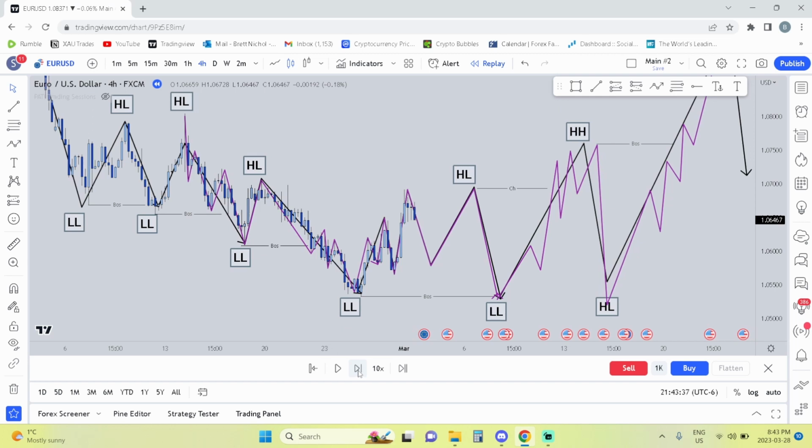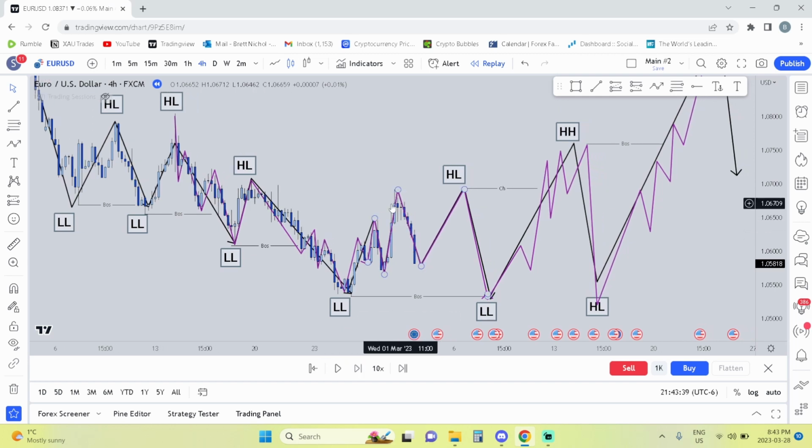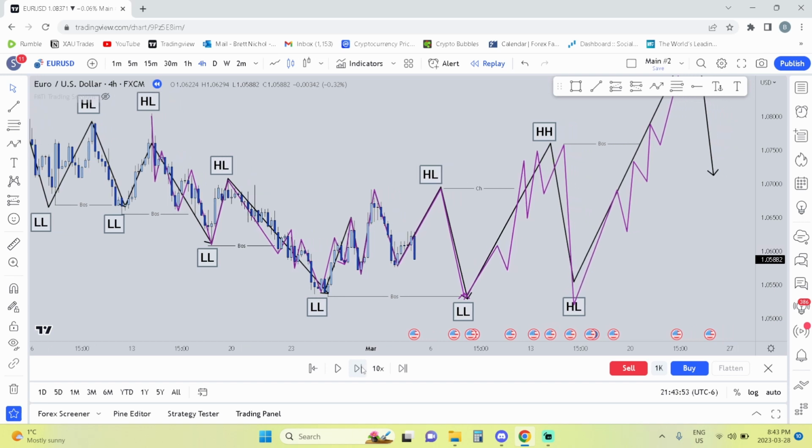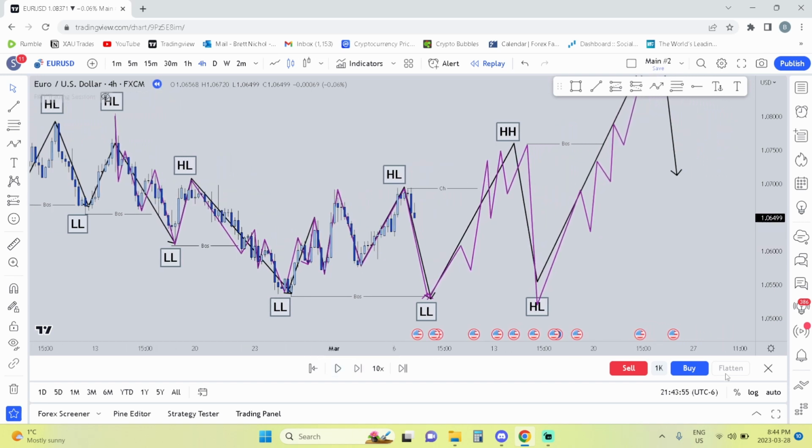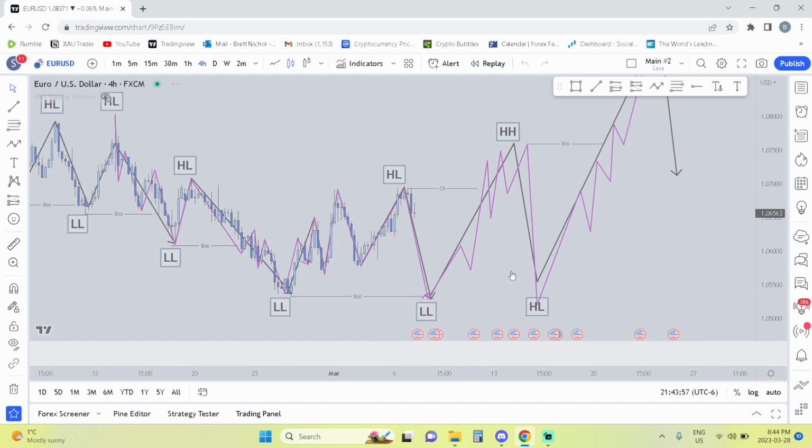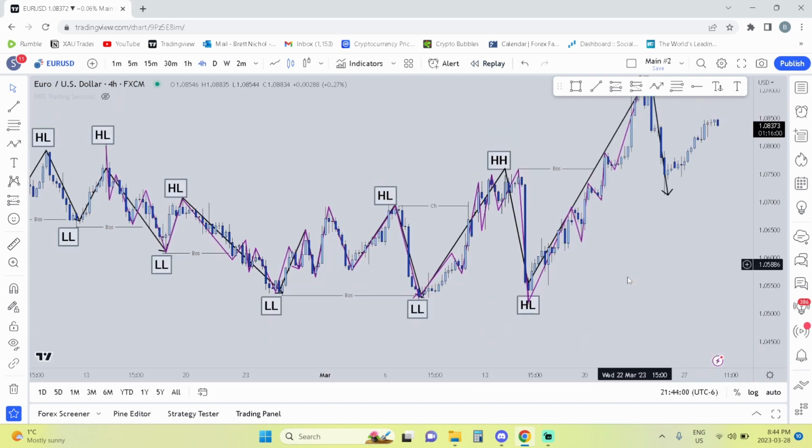So price retraces up and still hasn't broken that higher low. We're still in this complex market structure, this substructural price movement within this overall swing structure range. That's what it is. Yeah, and then price does its thing. And yeah, that's complex market structure.